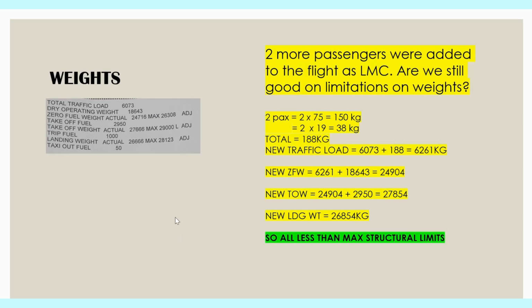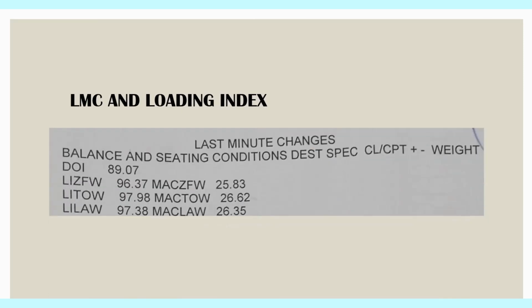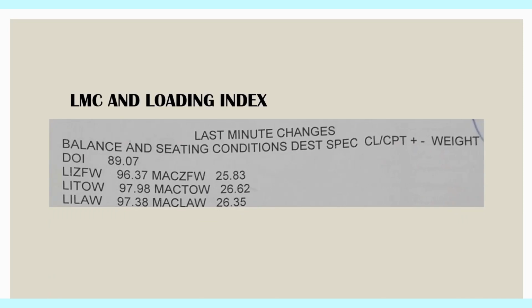Having said that, we now move on to a section of the load sheet where we have LMC and loading index, so last minute changes and loading index. Let's see a few things here. It says last minute changes, meaning any changes that have occurred after the load sheet was brought to the aircraft.